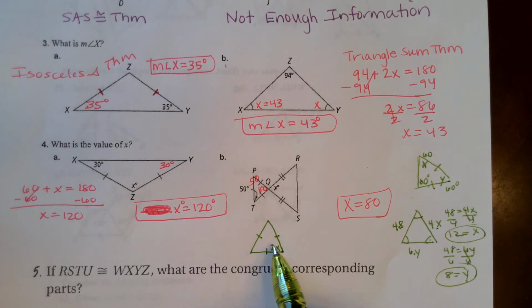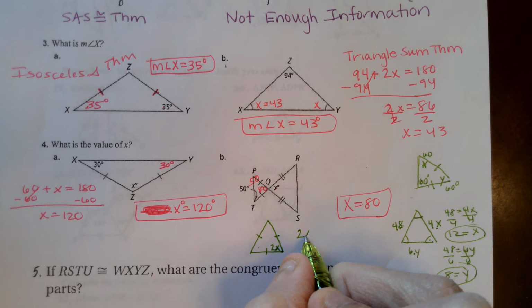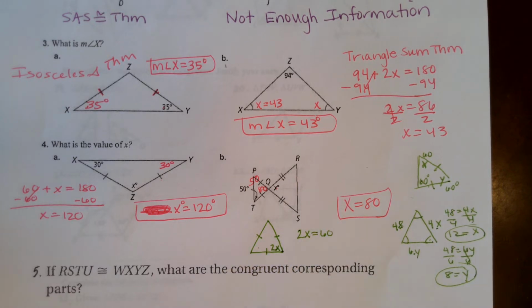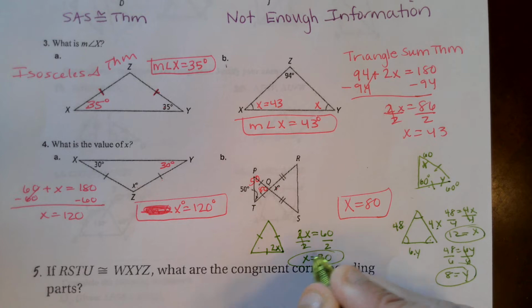So I know each of these is going to be what? 60. So I could either do 2x plus 2x plus 2x equals 180, but I'd rather do 2x equals 60 because I knew that each angle would have to be 60, 180 divided by 3. And so that means x is 30.